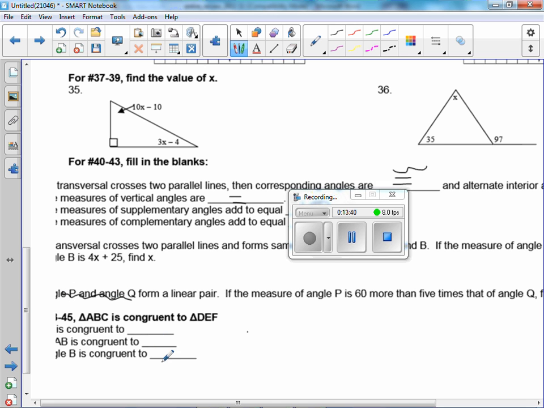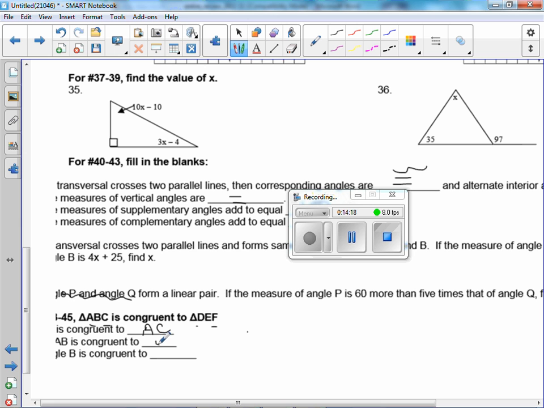43, it says triangle ABC is congruent to DEF. Okay, so DF is congruent to AC. You can know it's congruent because of how it's arranged here. So DF, D is first and F is last, and AC, A is first and C is last. Look at the order. And it says that CAB is congruent to, you have C, A, B is congruent to EFD.